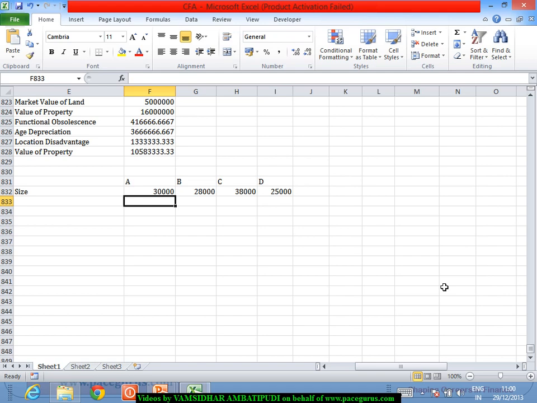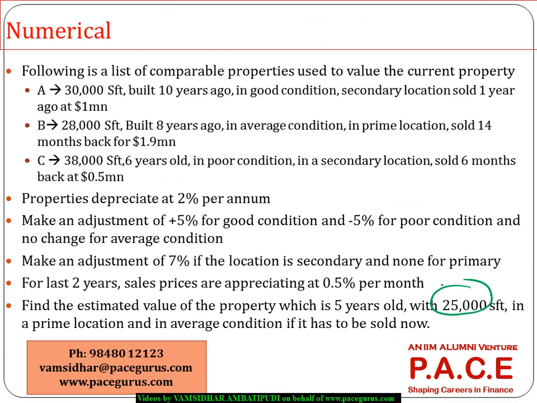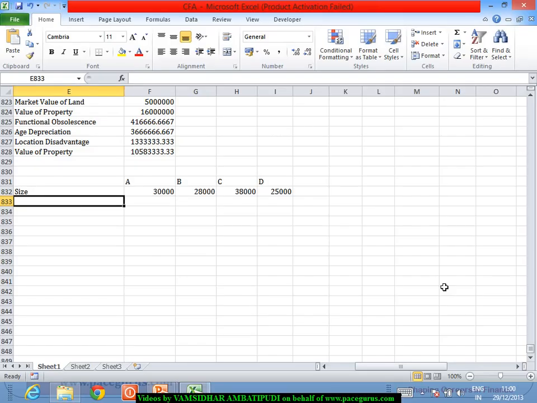So these are the sizes of the buildings. Then we are looking at a few more associated things. I will try to find out the sales price for each one of them, the selling price.